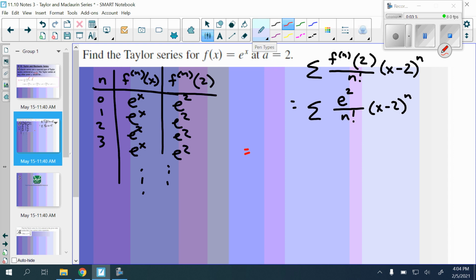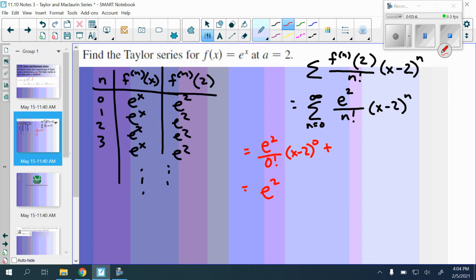I suppose I should put in here that this is from n equals 0 to infinity. If we start with 0, we're going to have e squared over 0 factorial, and then x minus 2 to the 0. 0 factorial is 1, and anything to the 0 power is also 1, so that would just end up being e squared.